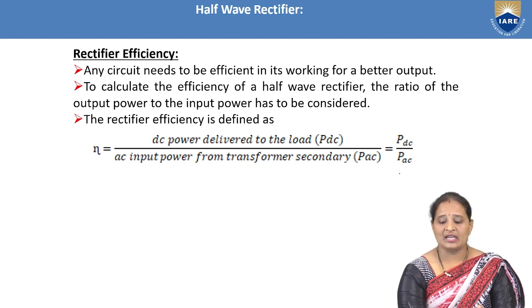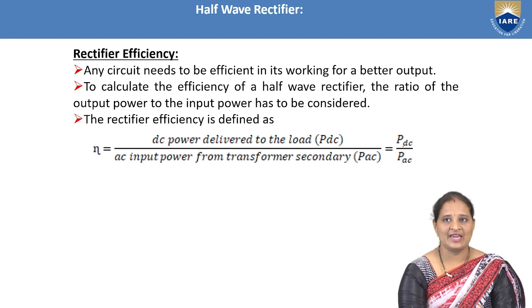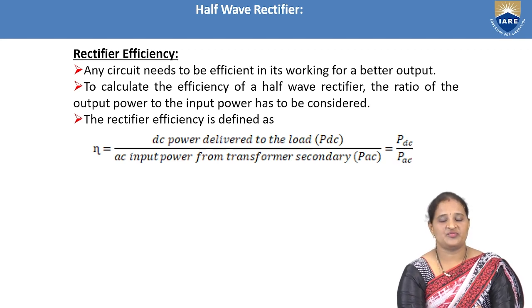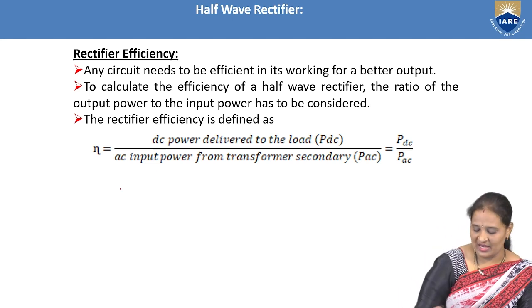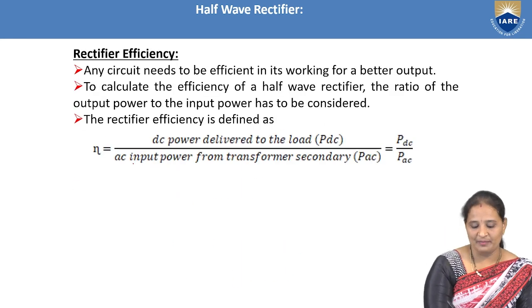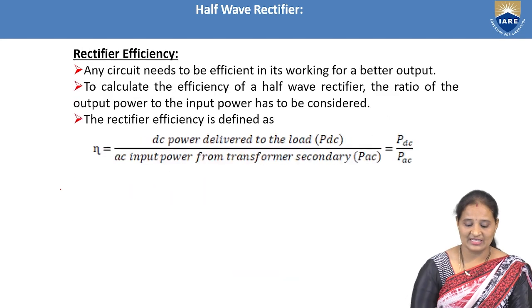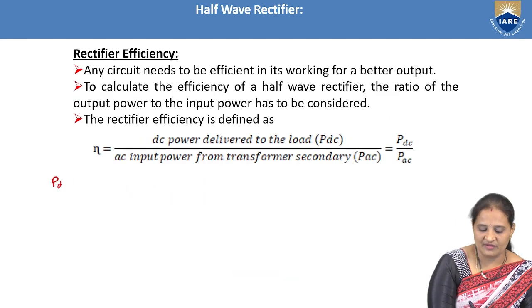So to calculate the efficiency of this half wave rectifier, first we need to calculate the DC output power delivered to the load resistor and the AC input power from the transformer secondary winding. First, let us calculate the PDC value.